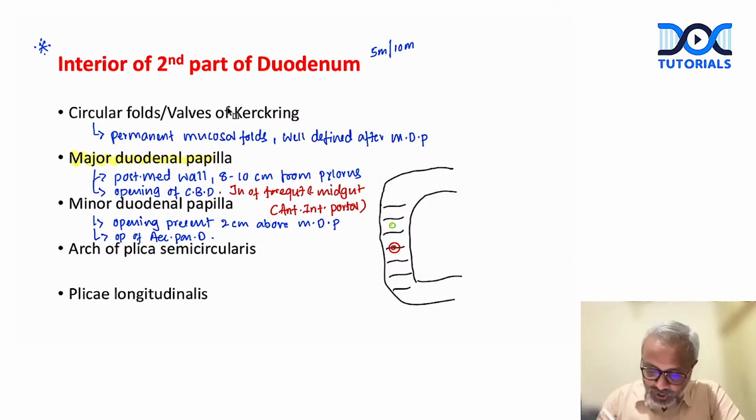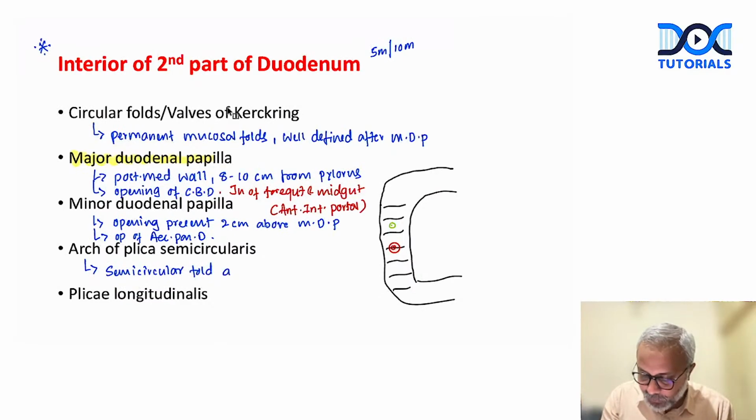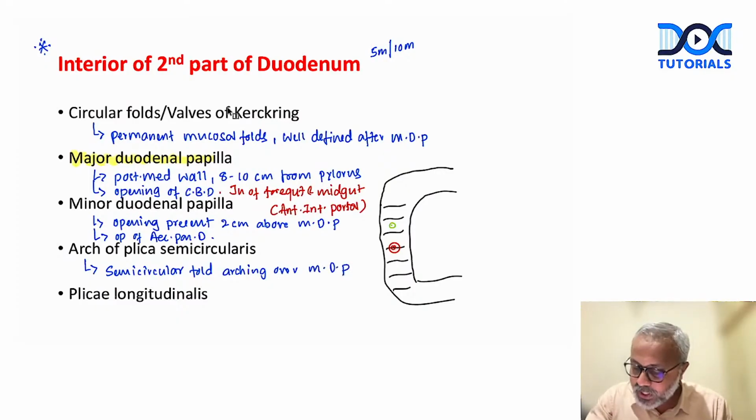The fourth feature is the arch of plicae semicircularis. This is a semicircular mucosal fold arching over the major duodenal papilla. So this is how it looks.